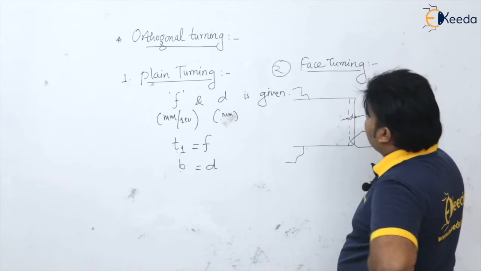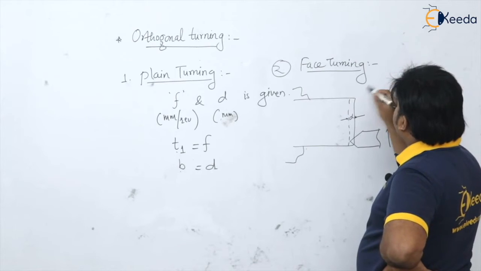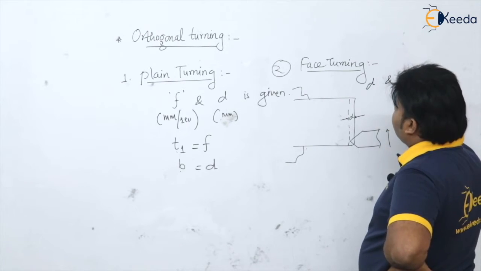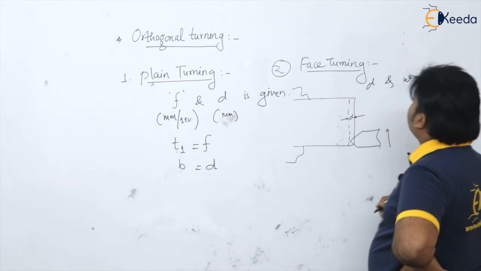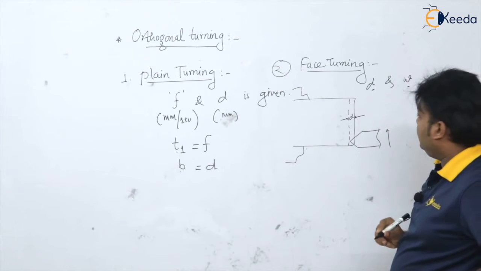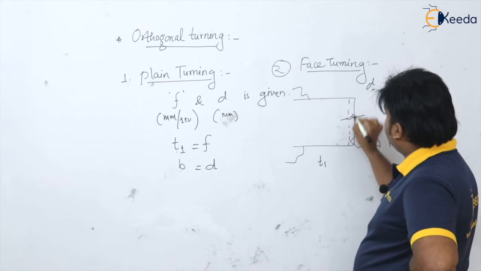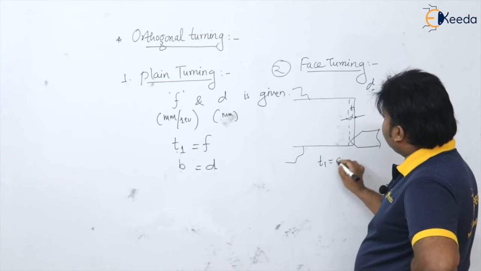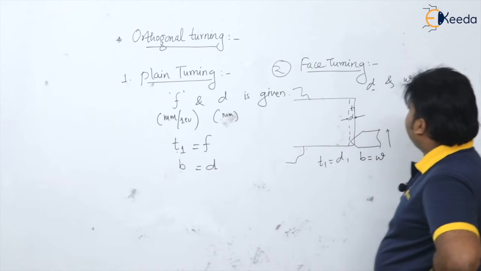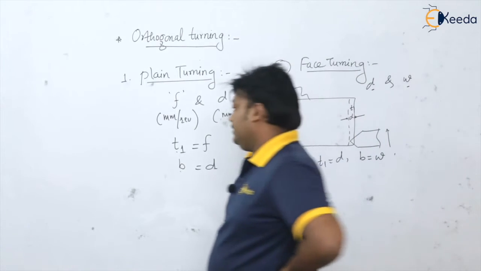So here, suppose in the plane orthogonal turning question, if depth of cut in millimeter and width of chip are given, then you should take the uncut chip thickness T1 equal to D, and width of cut equal to width of chip. So this is the face turning case.